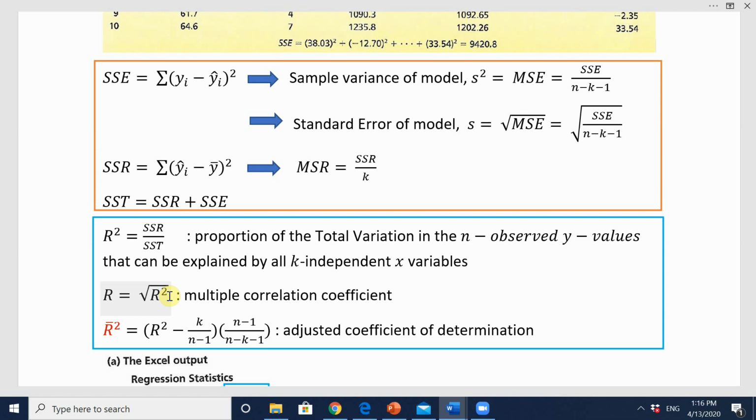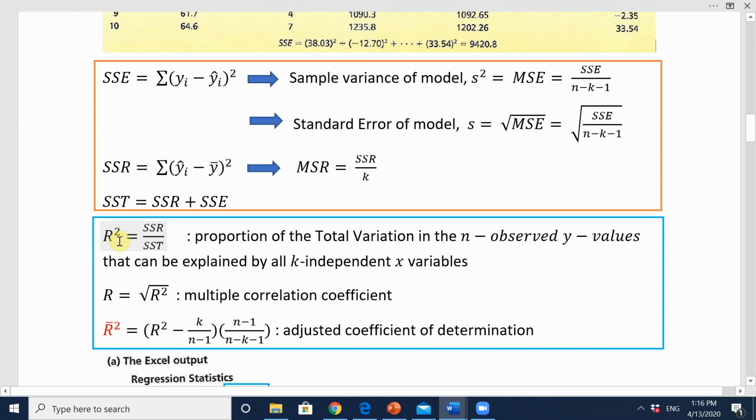even if, as can happen sometimes, the k independent variables are not related, or are only somewhat related, to the dependent variable y, by default this R squared will tend to overestimate the importance of the k independent variables.